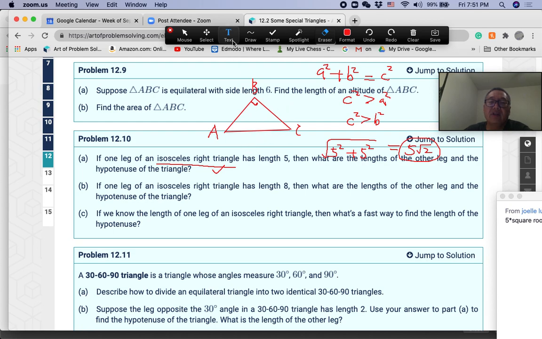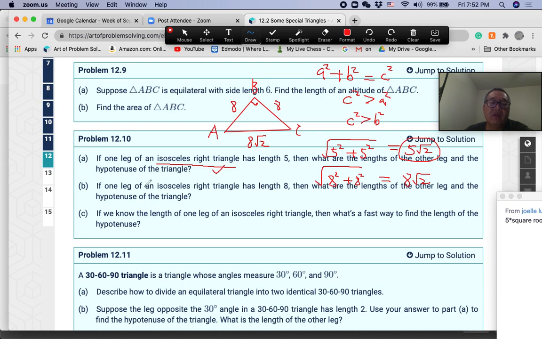If this leg equals 8, then this leg also equals 8. Then the hypotenuse will be 8 times root 2. If you don't believe it, you can just calculate 8 squared plus 8 squared, then take the square root. This will give you 8 times root 2.